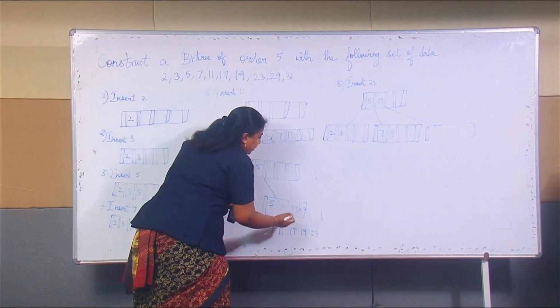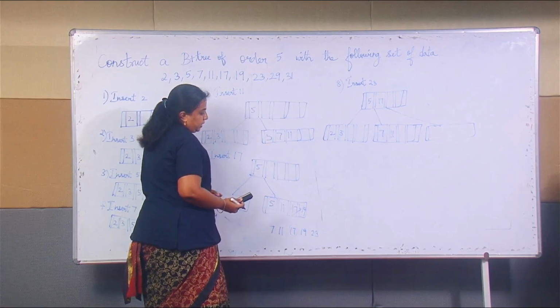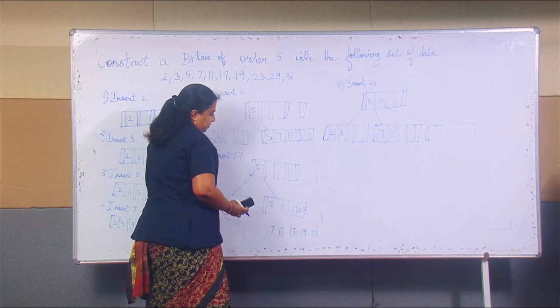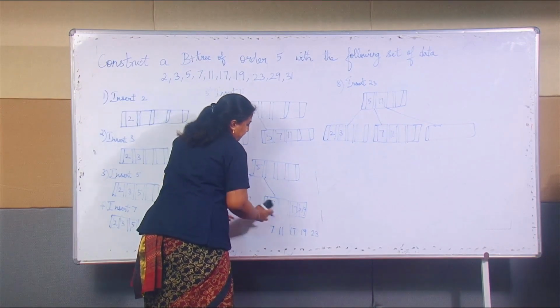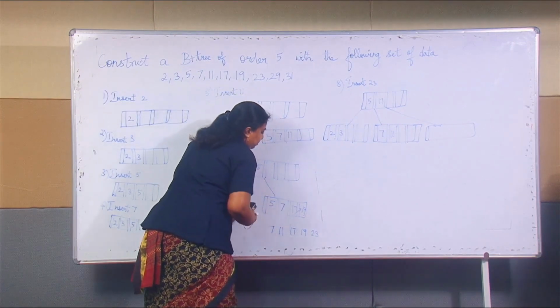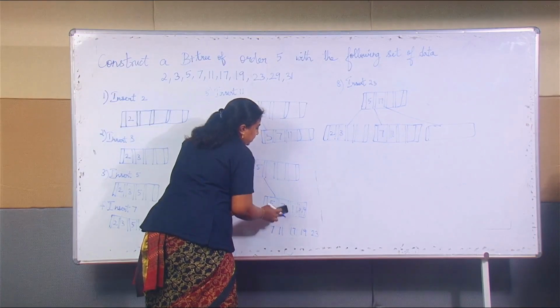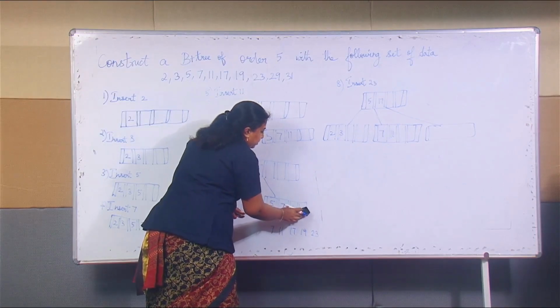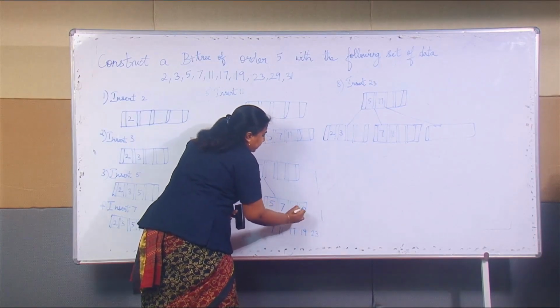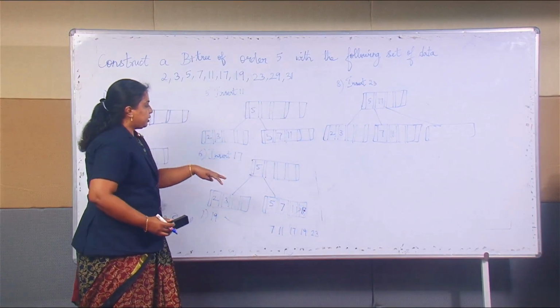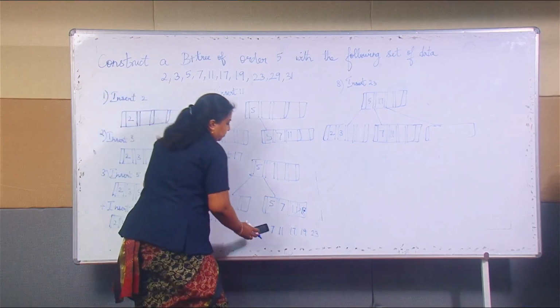So 5, 7, 11, 17 and 19. While inserting 19, the element has to be split and moved up.